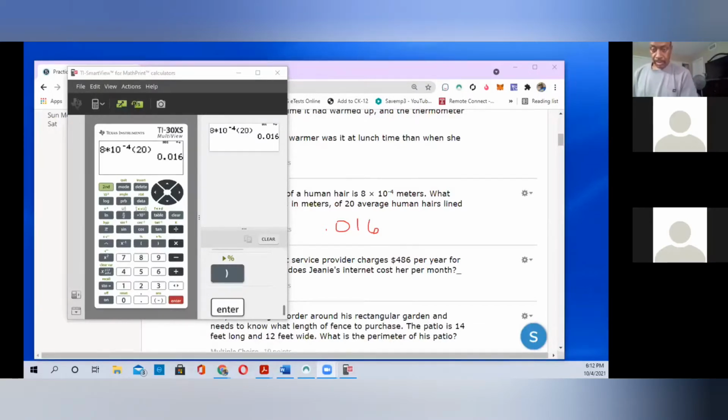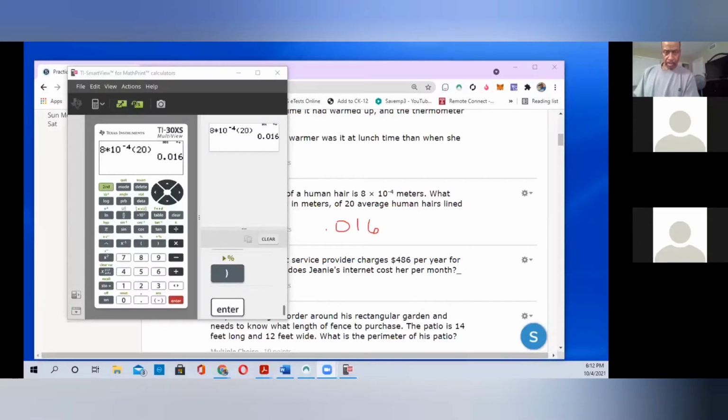Okay, in order to change a decimal into scientific notation, what you want to do is move the decimal point until you only have a digit in the ones place. For example, right now, we don't have any digits in the ones place. We have a 0 in the tenths place, a 1 in the hundredths place, and a 6 in the thousandths place.